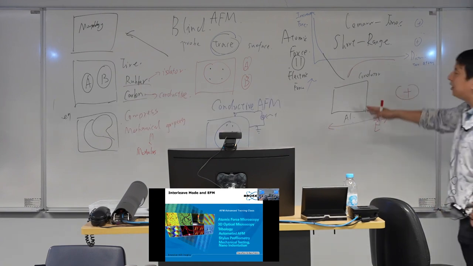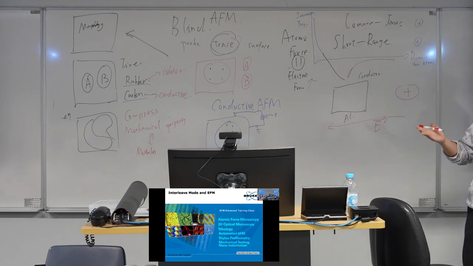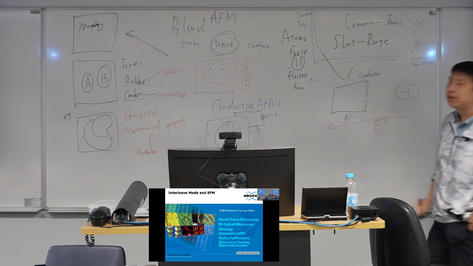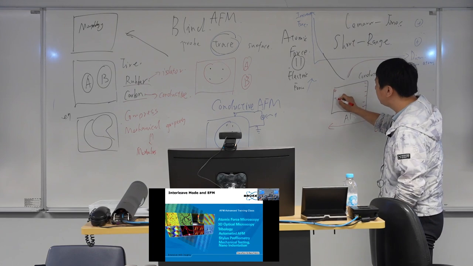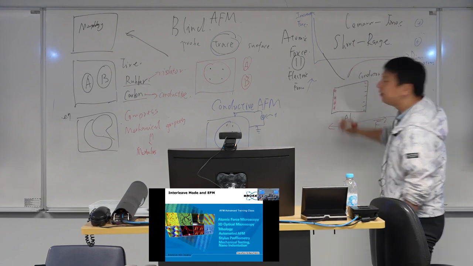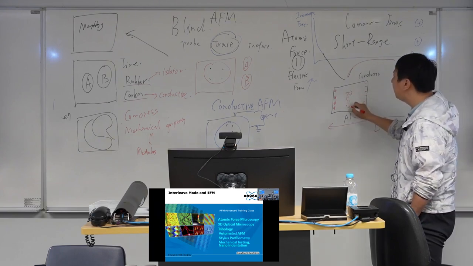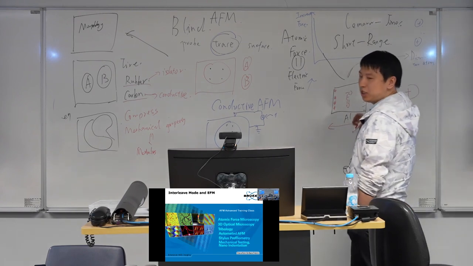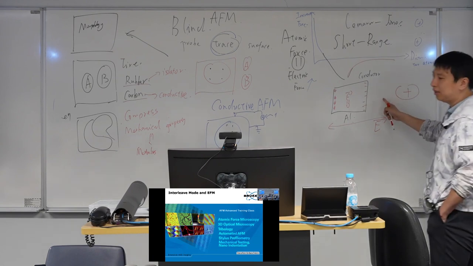There are many free electrons inside the aluminum, and the electrons will gather here, and it will leave all the positive charges here. It will cause the electric field inside the aluminum to be zero. That's the so-called classic electrostatic shielding, right? Everybody knows it from high school. That's the conductor.